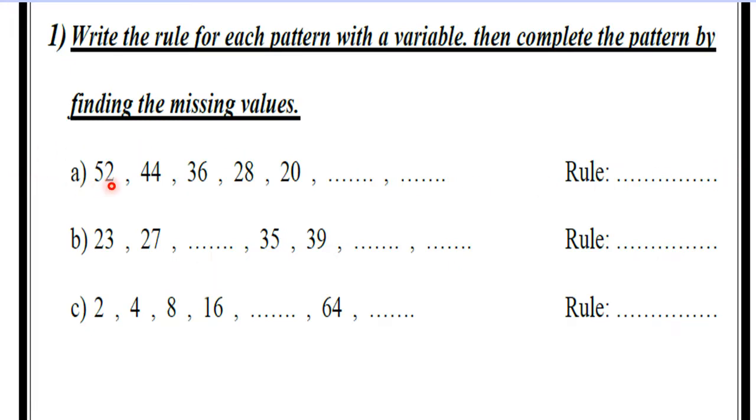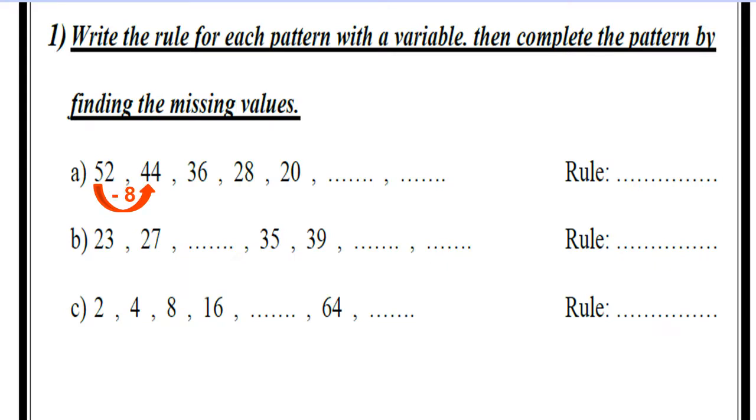Here 52 is a big number, will be 44, smaller, will be 36, smaller, will be 28, another small number. So here from big number to small number, we will use minus or divided. So can we use divide here? No, but we know 52 minus 8, we will get 44. So here our rule will be minus 8.